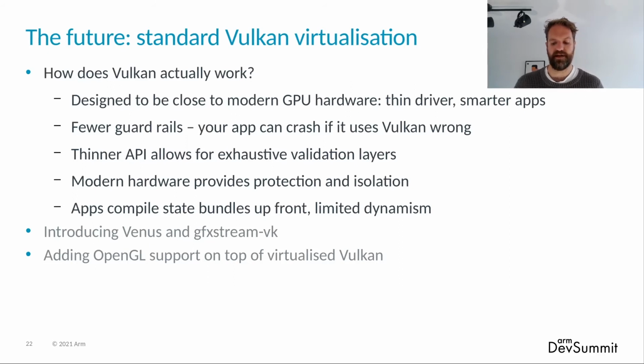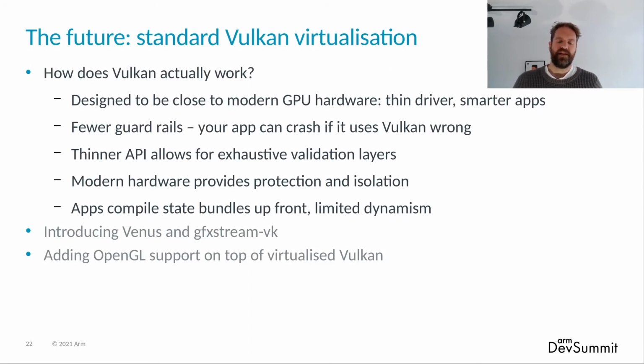GL has this extremely large API in terms of surface area, very complex interactions between them, and a lot of runtime error checking. Vulkan does away with that. It has very explicitly, much more clearly than GL, enumerated valid usages that it allows you, and if you step outside those, that's on you. Your app can crash.